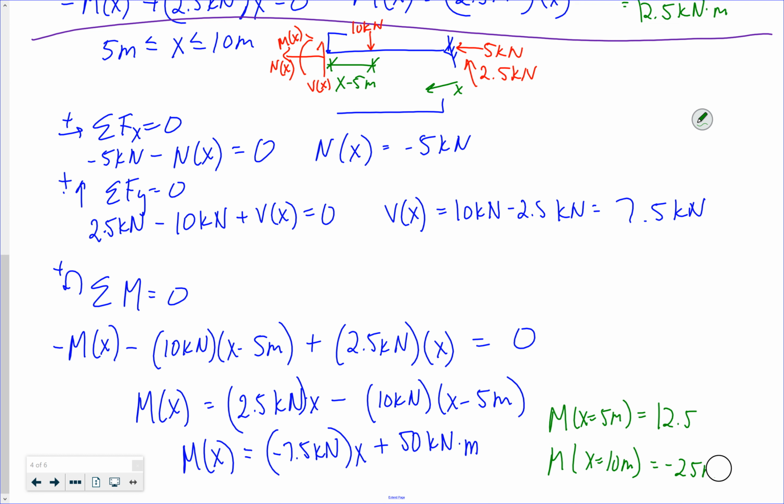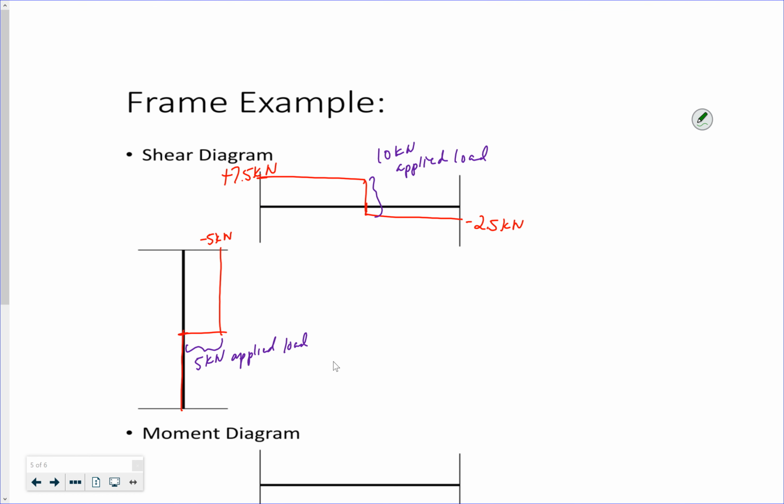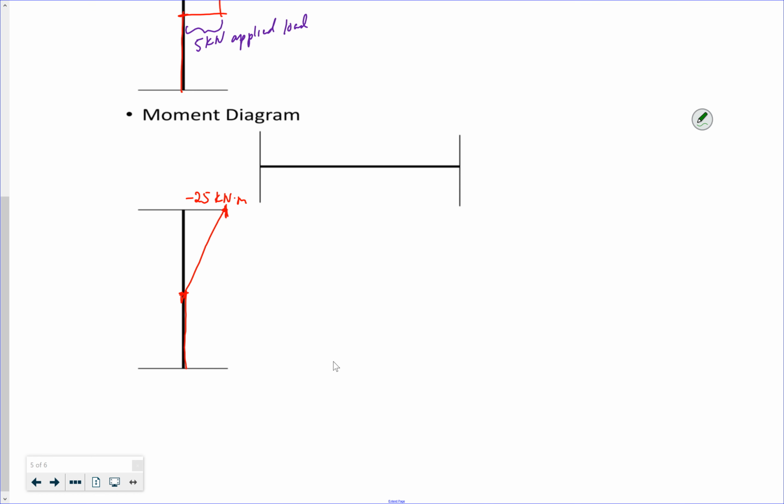Kilonewton meters. So I've got a value of negative 25, and it goes up to 12.5 in the middle.